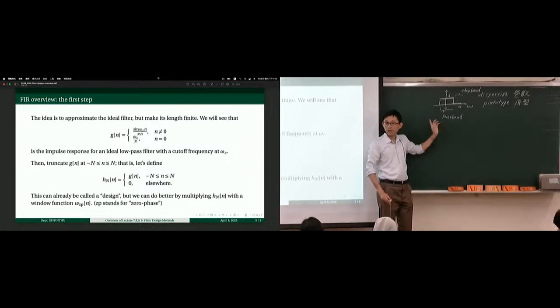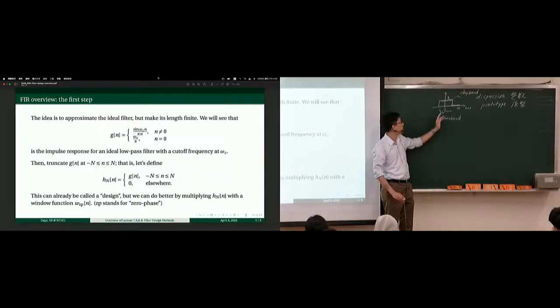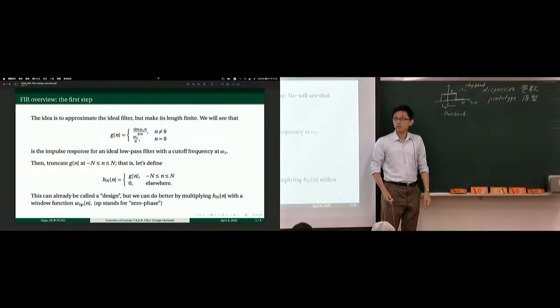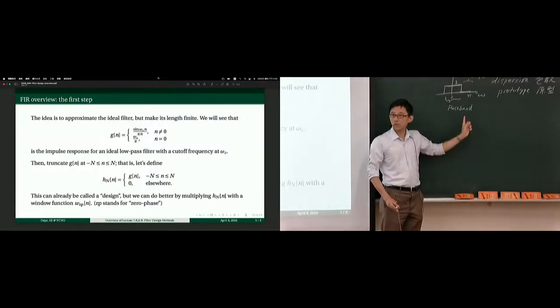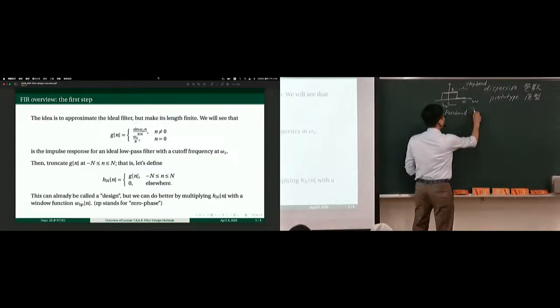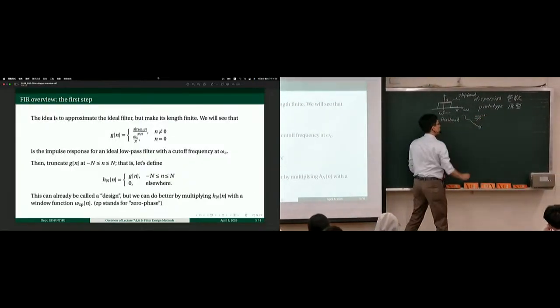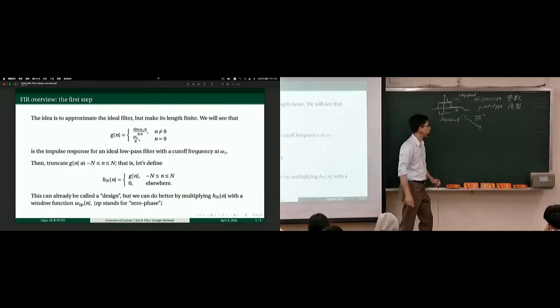So an ideal low-pass filter should accept everything equally in the pass band while rejecting everything completely in the stop band. Gain 1 in the pass band, gain 0 in the stop band. So that's an ideal low-pass filter in the frequency domain. So very soon, in a very similar way, if you perform inverse DTFT, we all know how to do that, right?